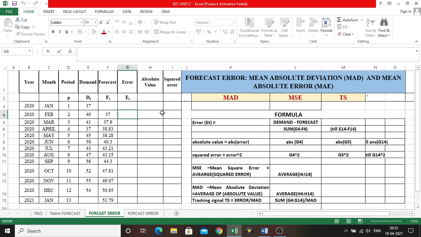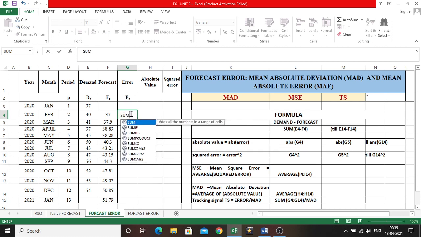The demand values are given in column E and forecast values are given in column F. Since for the January month the data is not there and from the month of February the data is there, we are going to calculate from that.